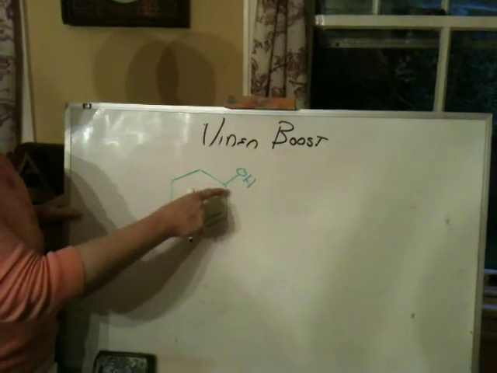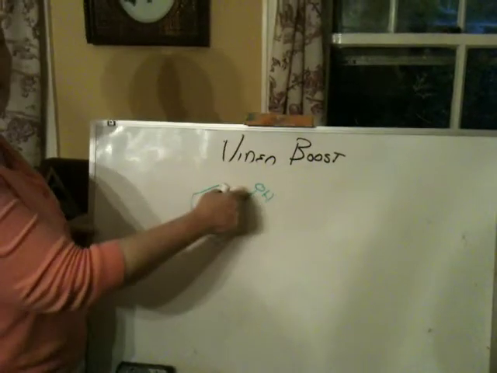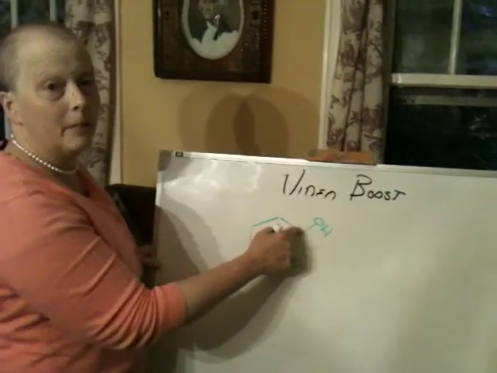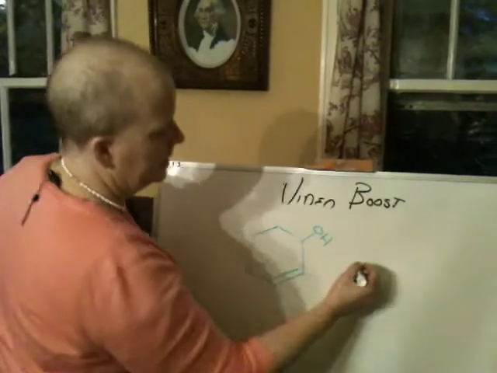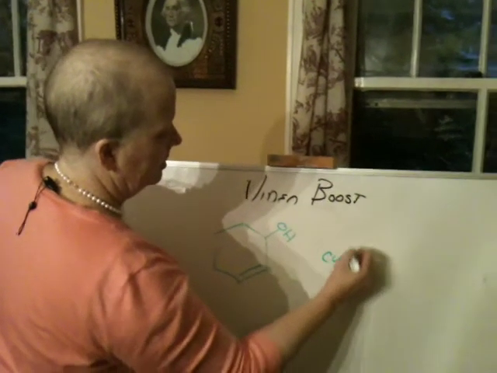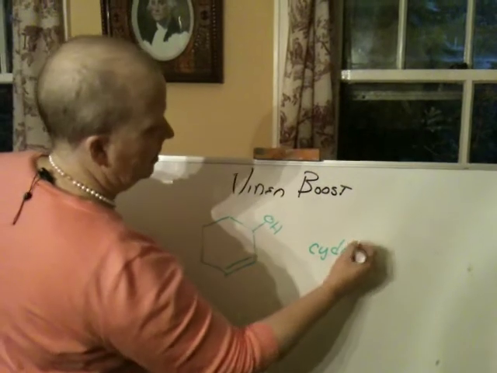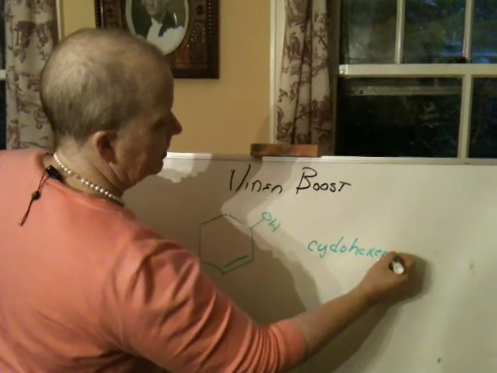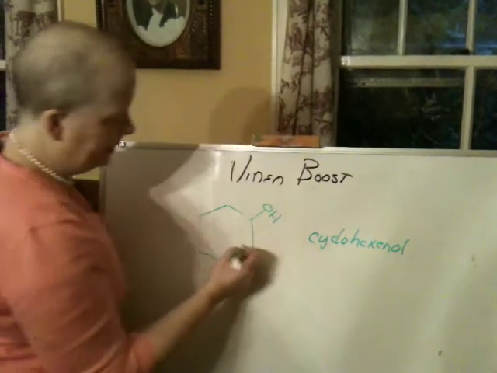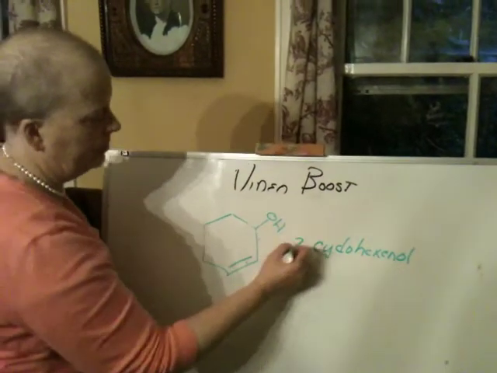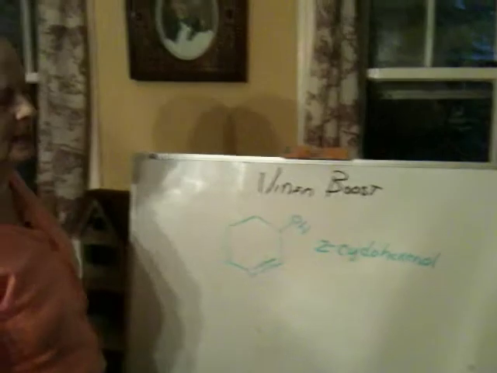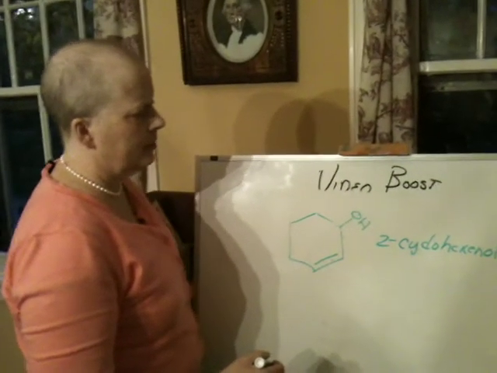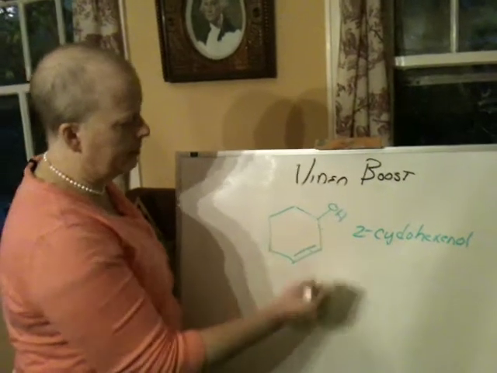This would be a cyclohexenol. You would not need the number for that alcohol. So I could call this cyclohexenol, but I put a number for this double bond, so I'd go 2-cyclohexen-1-ol. So notice I don't need the number there.